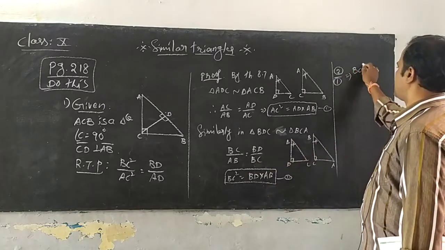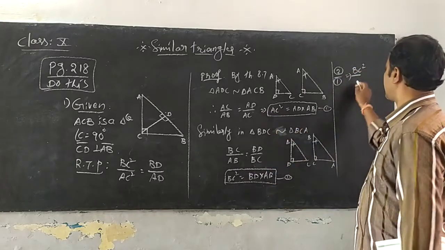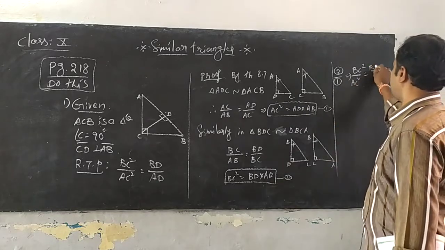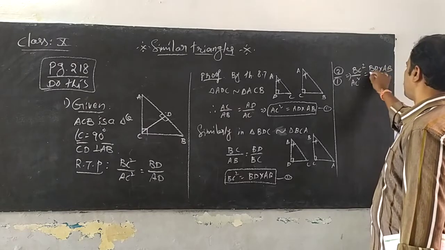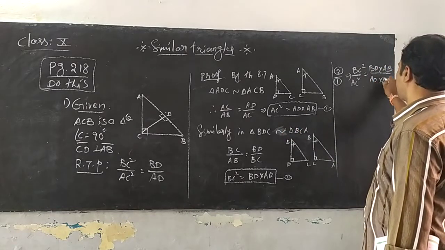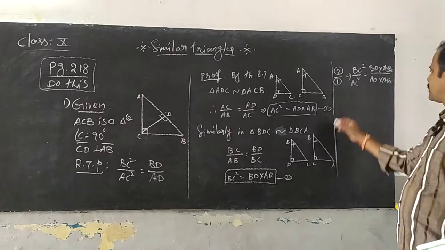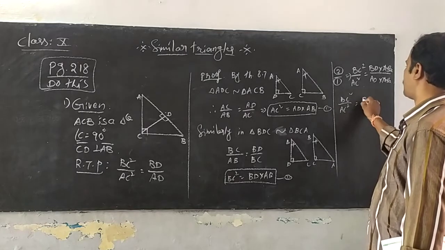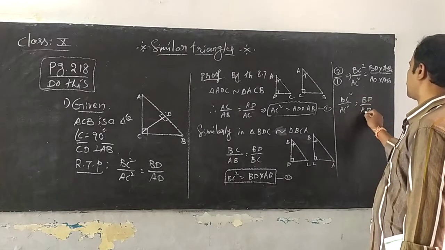BC square by AC square is equal to BD into AB by AD into AB. You can cancel AB on both sides. So you get BC square by AC square is equal to BD by AD.